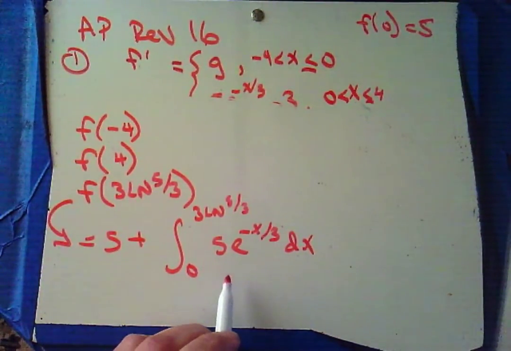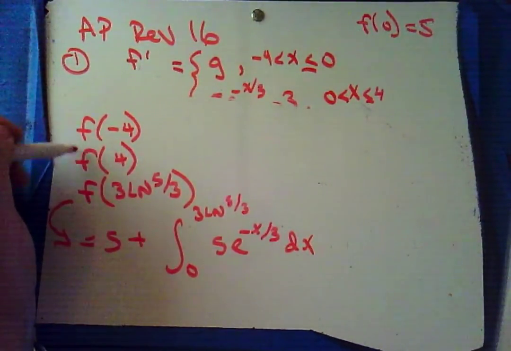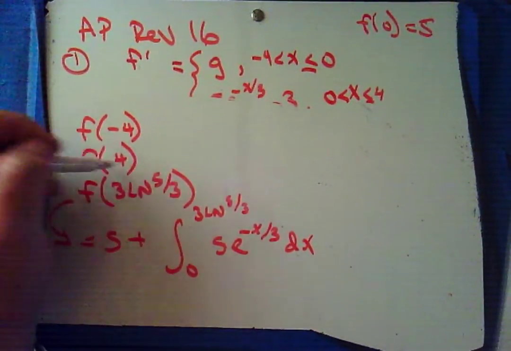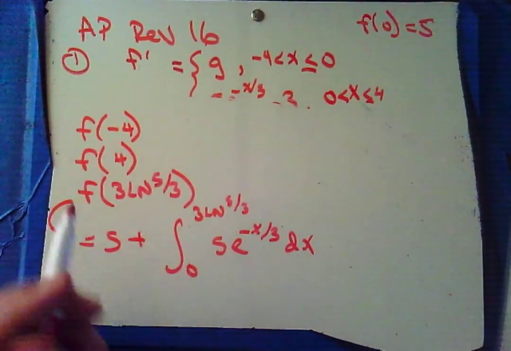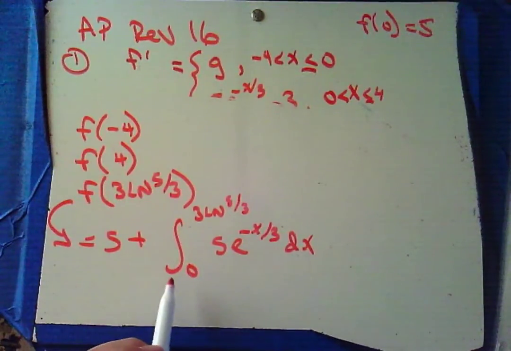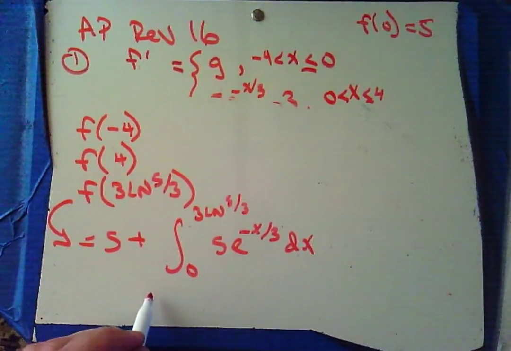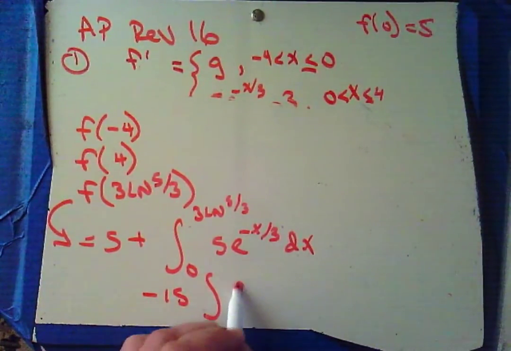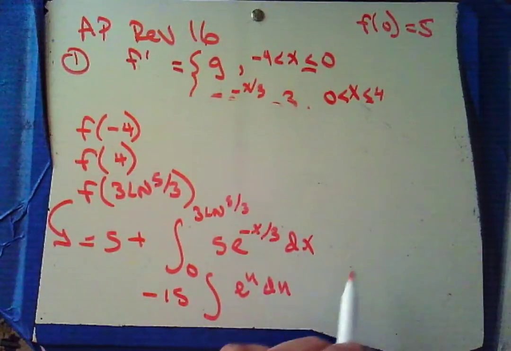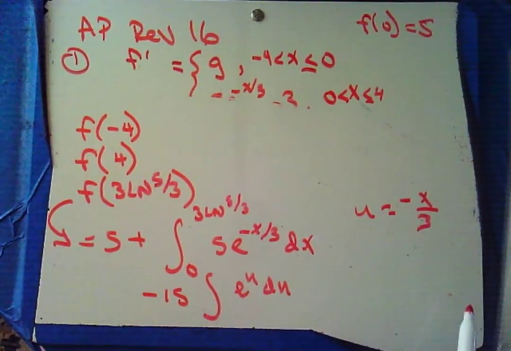I know that, because they really want a candidates test here. They wouldn't have had me find these explicitly in the last part if they really didn't want me to use them now. Okay, so what do I know? I know that the antiderivative of this is negative 15 integral e to the u du, where u equals negative x over 3.